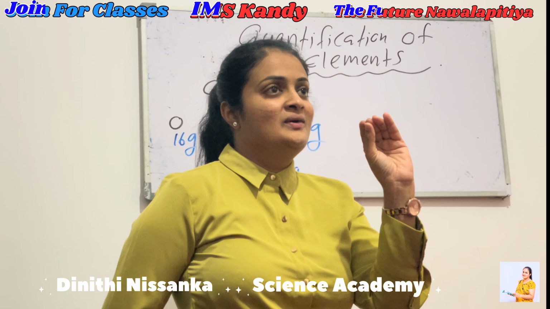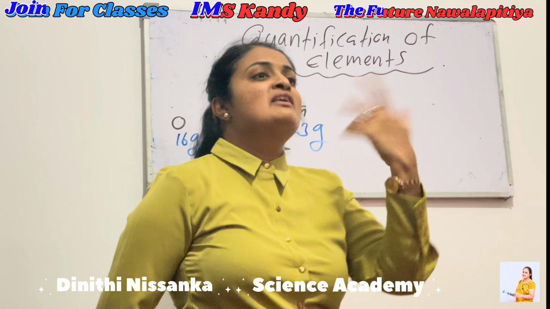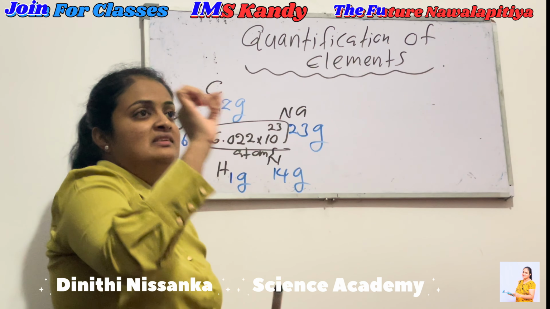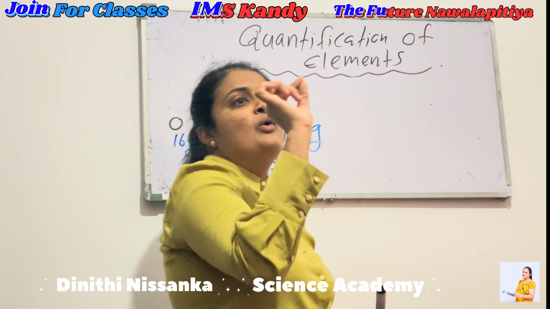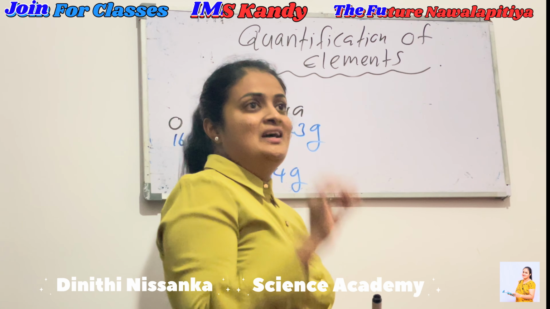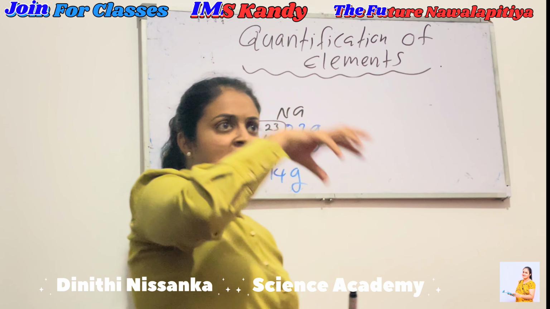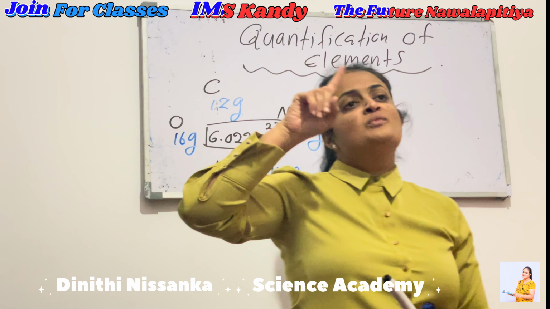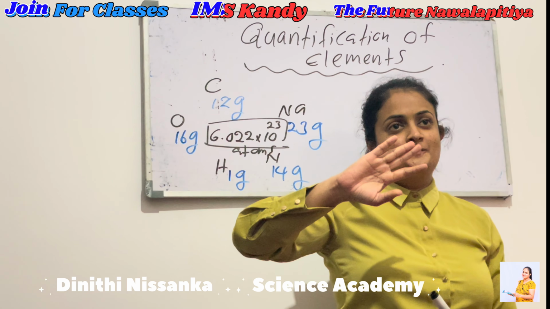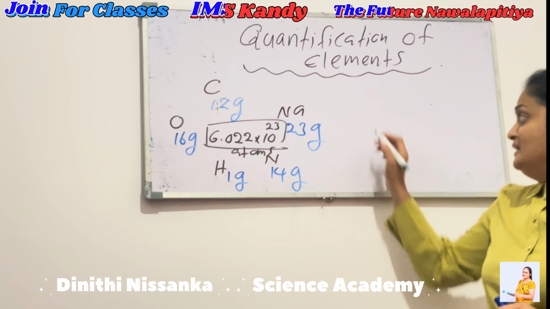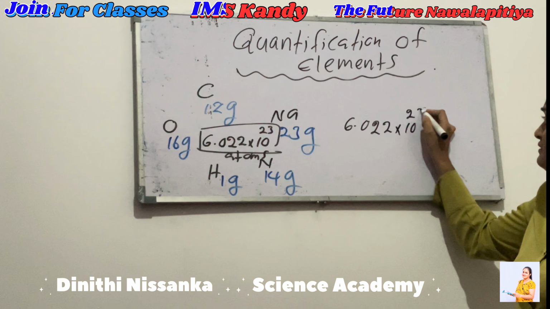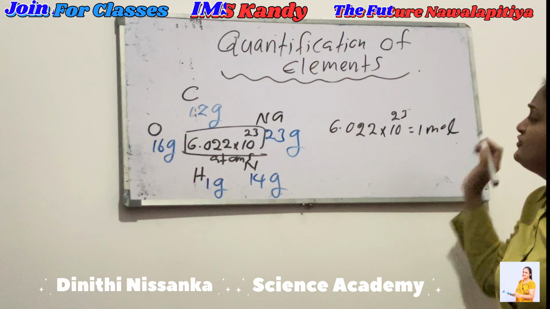Avogadro constant, the value is this one. So this is 1 mole of substance. 1 mole means if something has Avogadro constant number of molecules or atoms, that is 1 mole of a substance. That means 6.022 into 10 to the power 23 equals 1 mole of a substance.